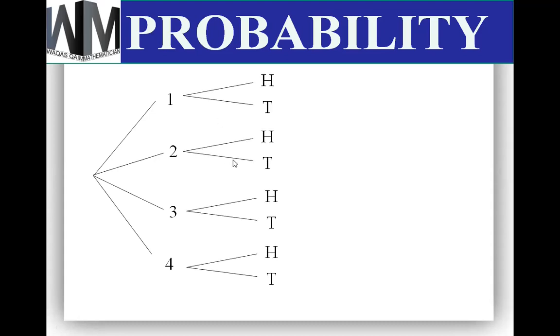And then the sample space of the second event. Now any confusion with this tree diagram? And these all are the possible outcomes.